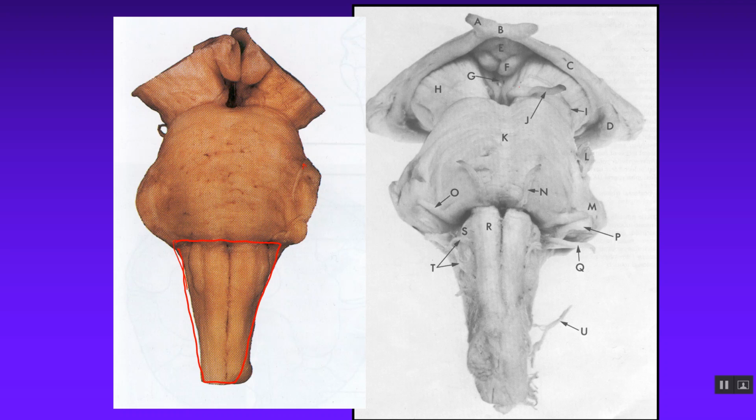So we have this region here on each side. Those are the pyramids from the outside. And then just lateral to that are the olives.